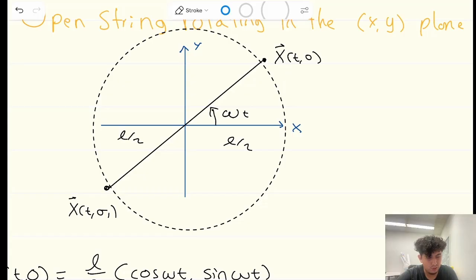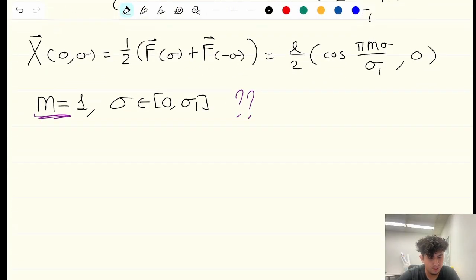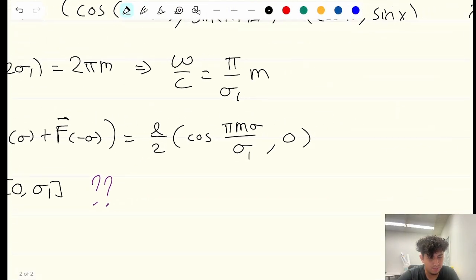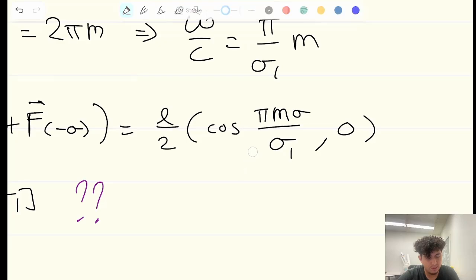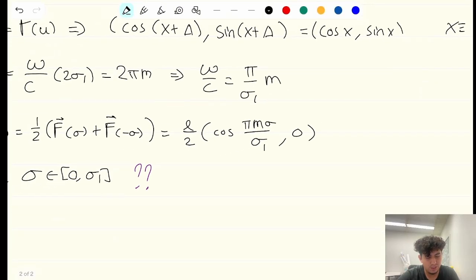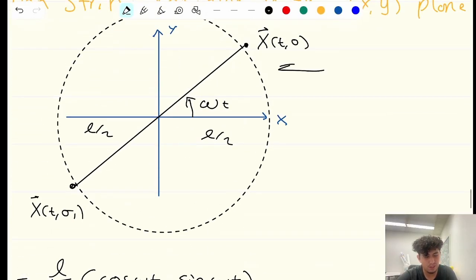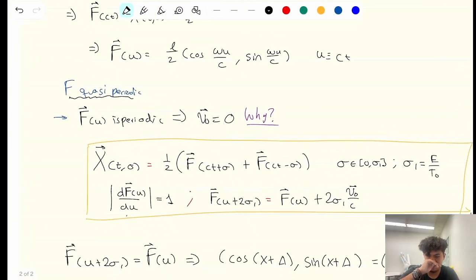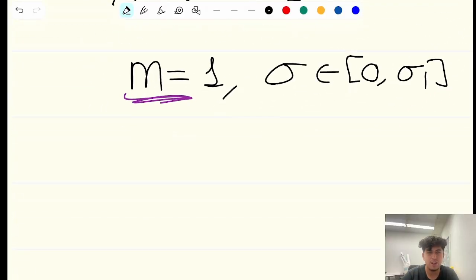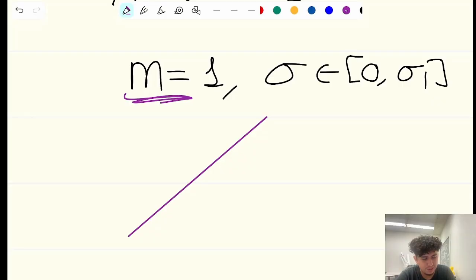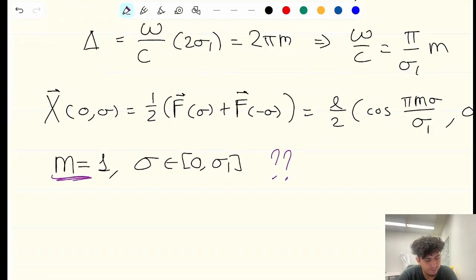If we had chosen 2 or 4 or another number, then whenever sigma is equal to sigma 1, this wouldn't be minus 1. It wouldn't give the right shape that we have of the string. So that's the reason we're choosing m equals 1. You can think of it as just the first mode. So it has this shape, just the first mode. Cool.